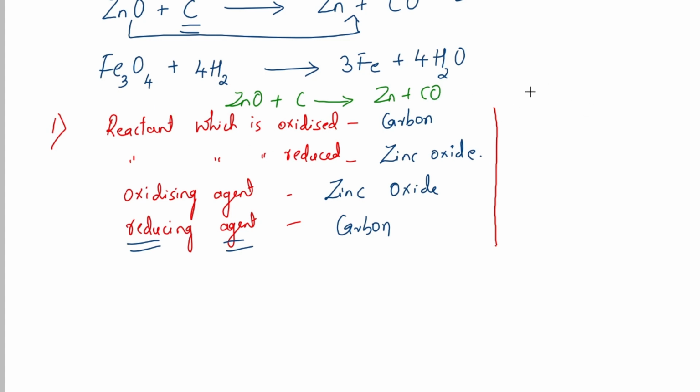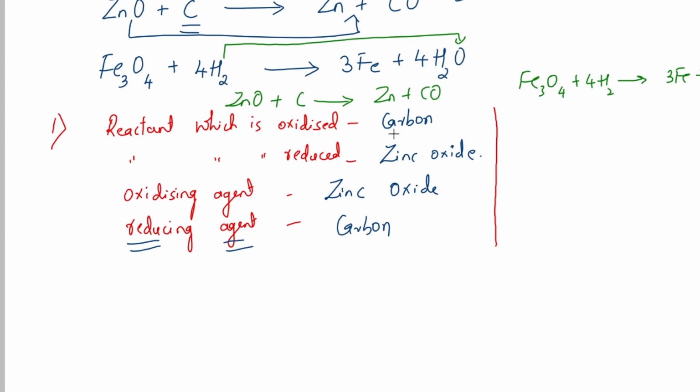And this will be for Fe3O4 plus 4H2 gives 3Fe plus 4H2O. For this reaction, let us write the reactant which is oxidized. See here, hydrogen is oxidized to water. It has undergone oxidation.